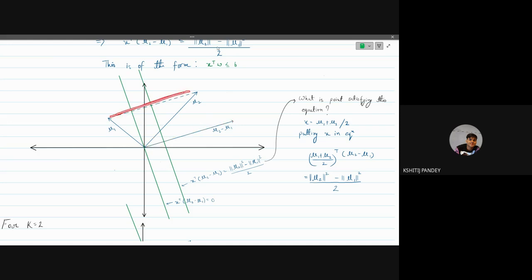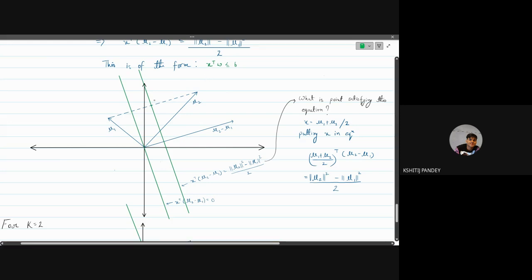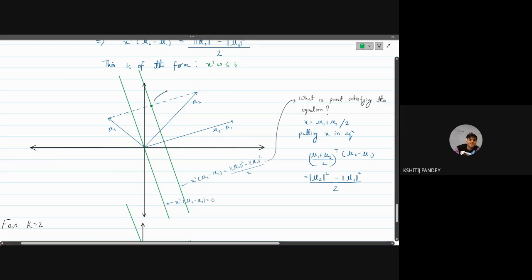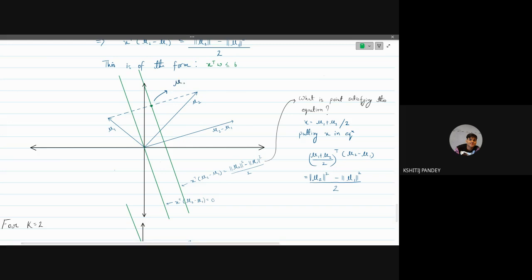So the point satisfying it is here, and this point we are just labeling. So this point is mu1 plus mu2 by 2.